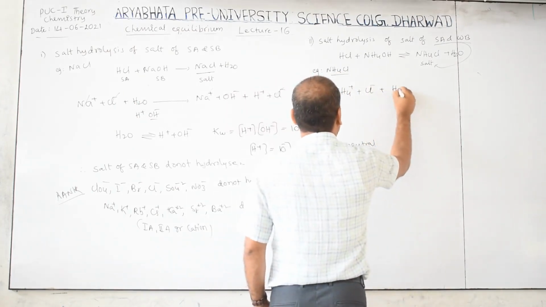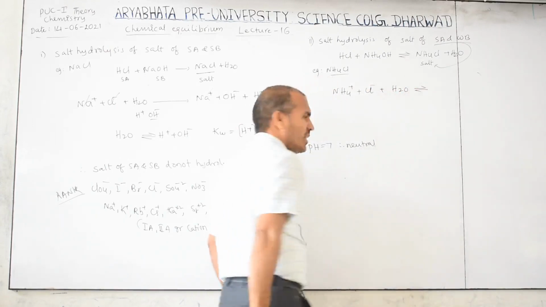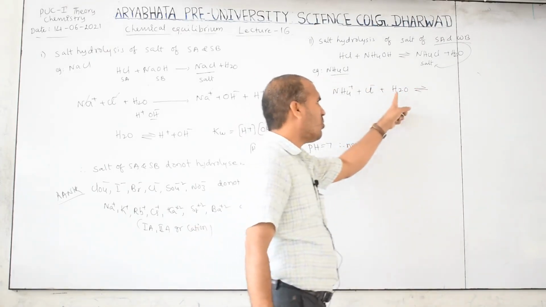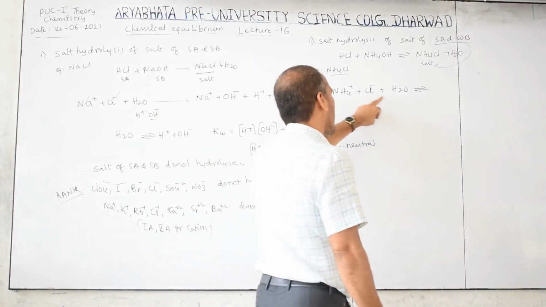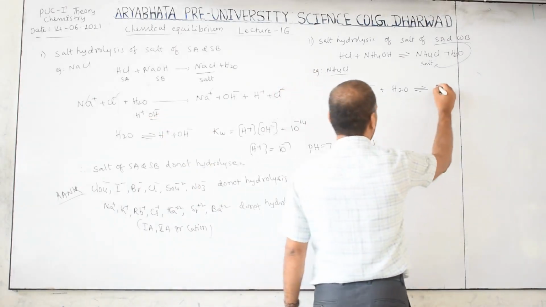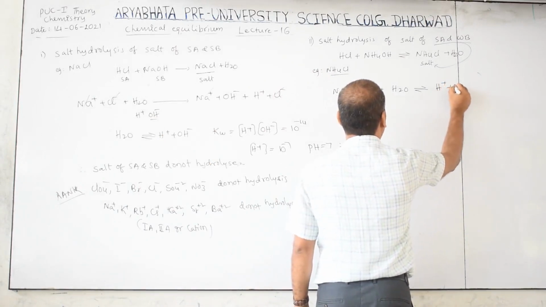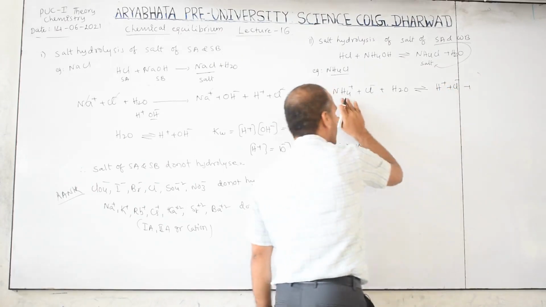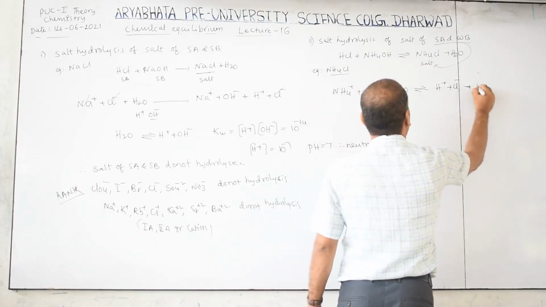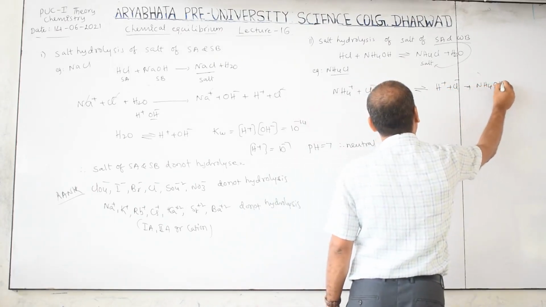This will interact with the water. When it interacts with water, water means, as I already told you, H+ and OH-. This Cl- reacts with H+ to form HCl. This is strong, therefore we can write it in the form of ions only, Cl- and H+. And next, NH4+ and OH- will form NH4OH.